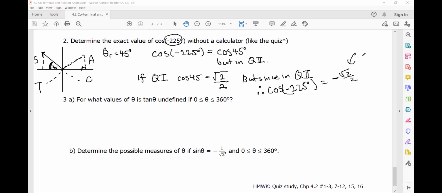Again, root 2 over 2 because same triangle as 45 degrees. By triangle, I mean literally right angle triangle. Okay, same triangle as 45 degrees, and the negative because it's in quadrant 2.